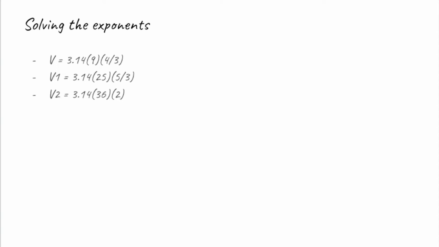Finally, you have to find the volume of each cone. And after you simplify it, you should get v equals 37.68 for the small cone, v1 equals 130.833 for the medium cone, and v2 equals 226.08 for the large cone.